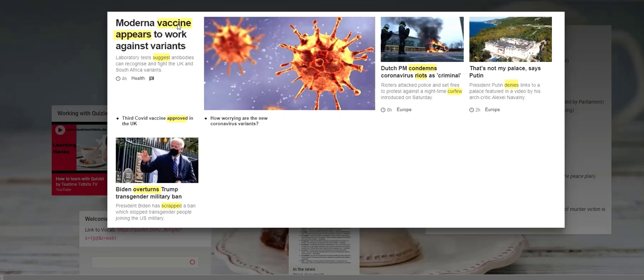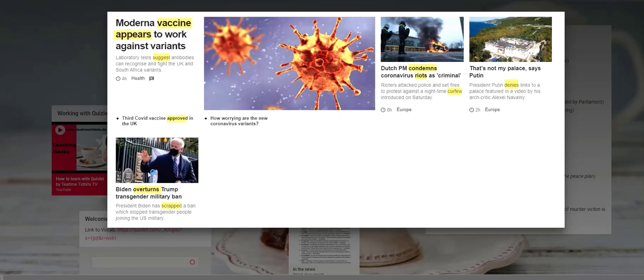And talking here about the Moderna vaccine, which appears to work against different variants. The word suggest here, of course, as well, says that they think after doing the test that the antibodies also work. Next, the word approved means that it is allowed to use in the UK.